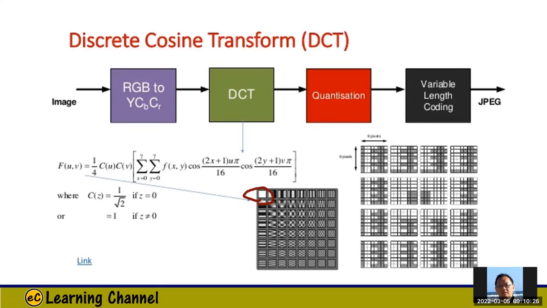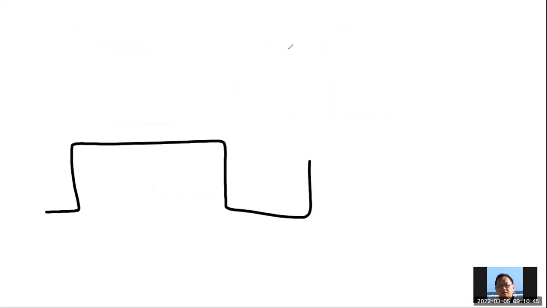The DC term is the average. So what is the DC term? When you have a square signal, there is an average, and the average is called the DC term.